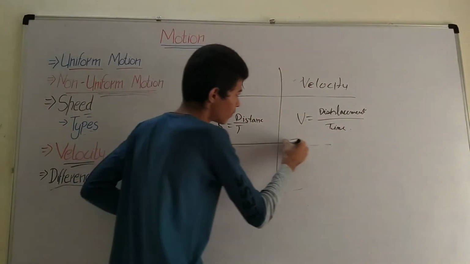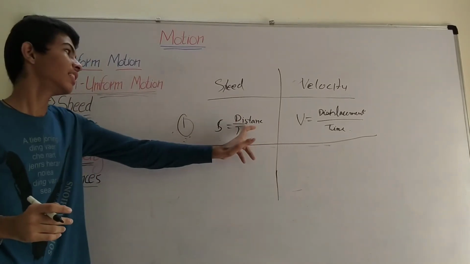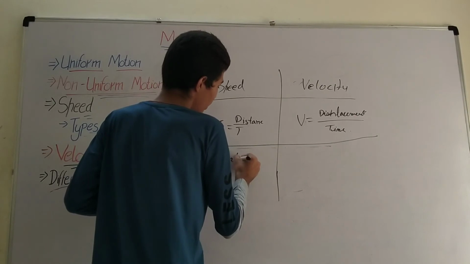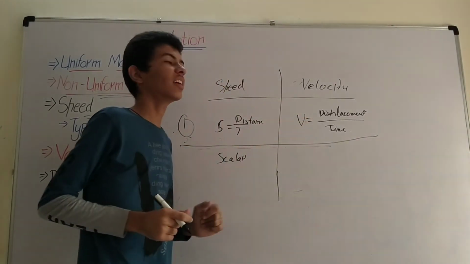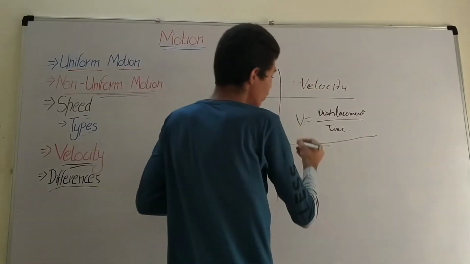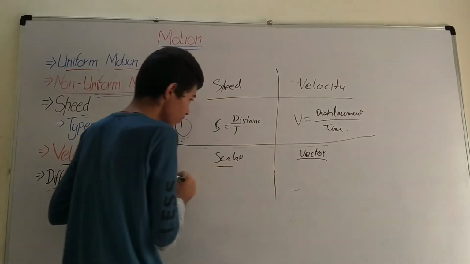We know that distance is a scalar quantity, so speed is known as a scalar quantity, and displacement is a vector quantity, so velocity is also a vector quantity.